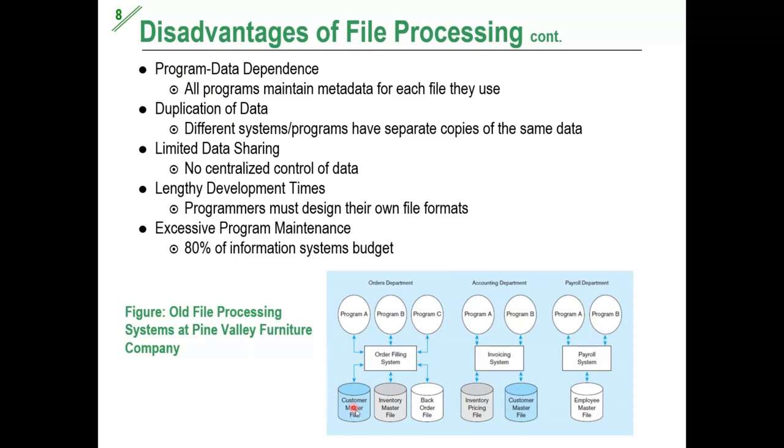We need to describe the context and what type of data it is, and the characteristics of the data need to be maintained separately. So each department or division has a set of programs, a set of files, and a set of metadata associated with each of these contexts, right?